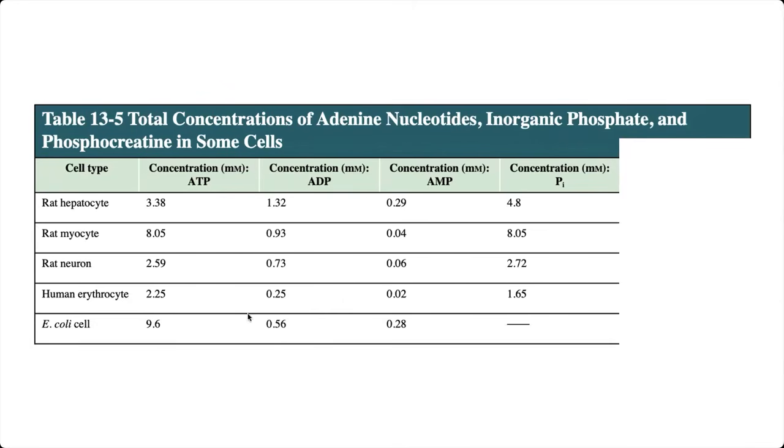And in fact, that's what we do. If you look at the actual concentrations of ATP, ADP, AMP, and inorganic phosphate in various types of cells, what you can see is that we've got more ATP than ADP.